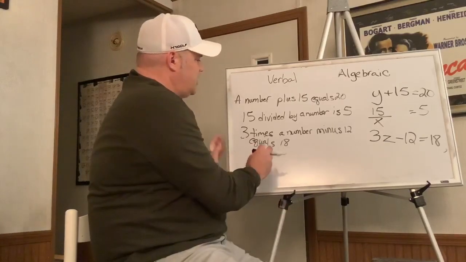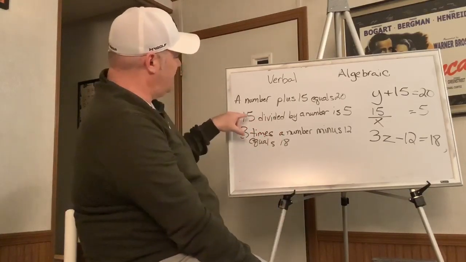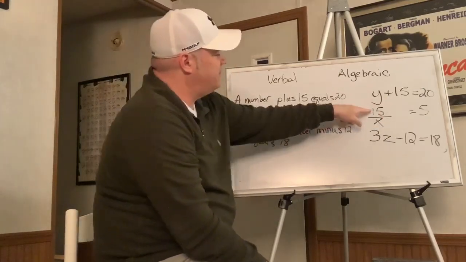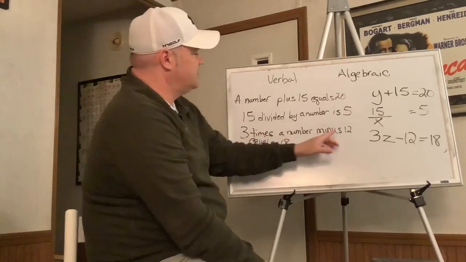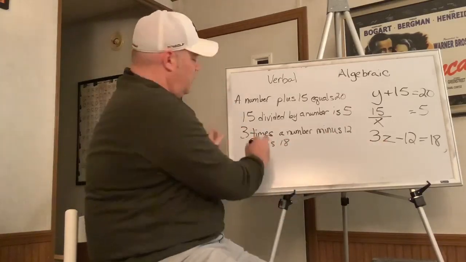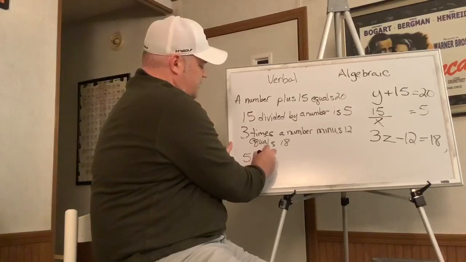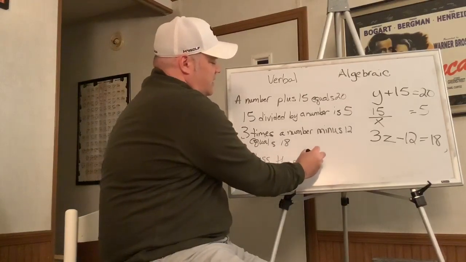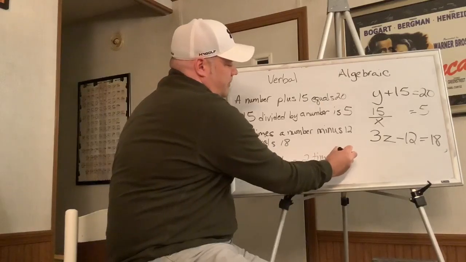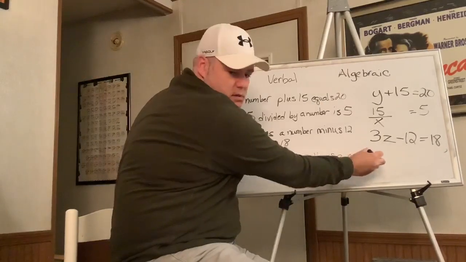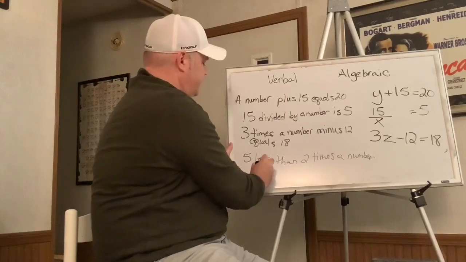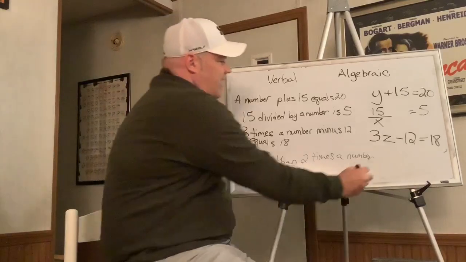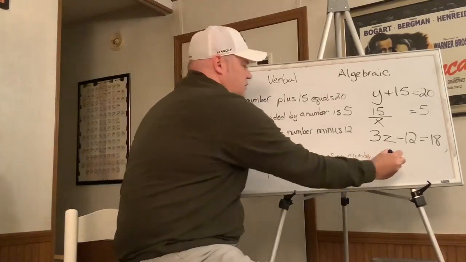One more, and I want to do this one because so far these kind of went in order. So a number plus 15. 15 divided by. And then 3 times a number, I did them in order. But what about this one? 5 less than 2 times a number is 15. Well, this one I can't go 5 less, 2 times the number.